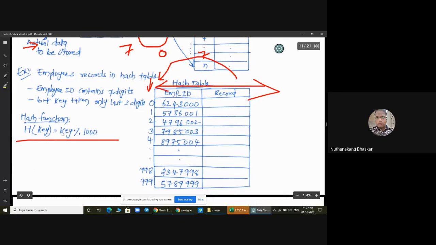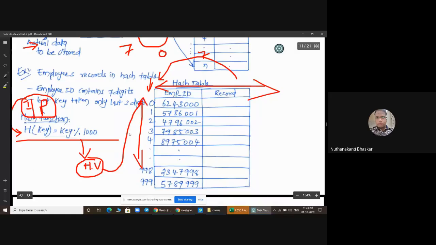That's why this hash function always generates a hash value from the input data. Please, this is very important. From input data, the hash value is generated by the hash function.